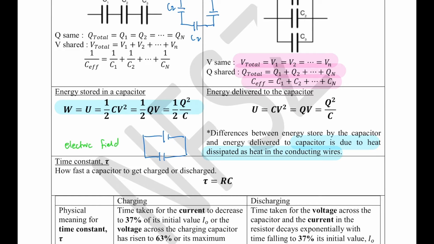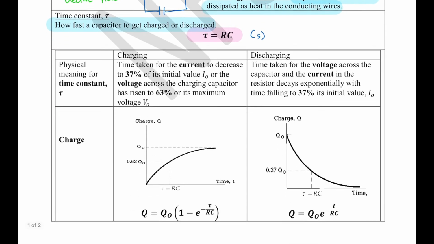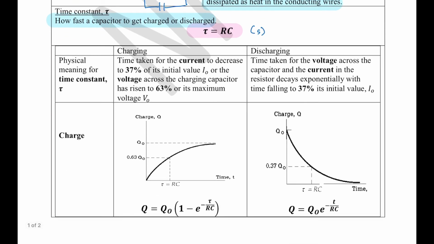Dalam electric field. Okay. So next kita ada time constant. Time constant is defined as how fast a capacitor gets charged or discharged. Okay. So this equation will be given. This kita panggil sebagai tau equal to RC. So tau dia punya unit will be, apa unit tau? Second. Sebab it's a time constant, mesti dah second lah. Okay, kalau untuk charging and discharging, depends lah.